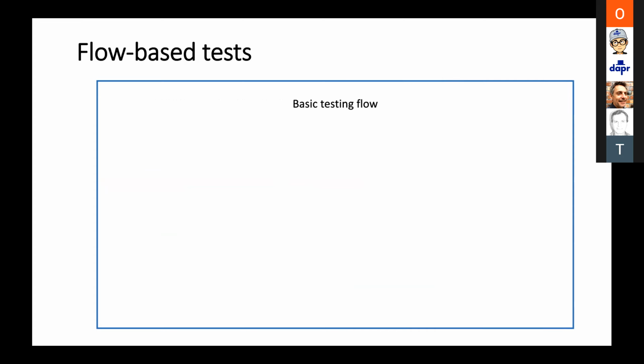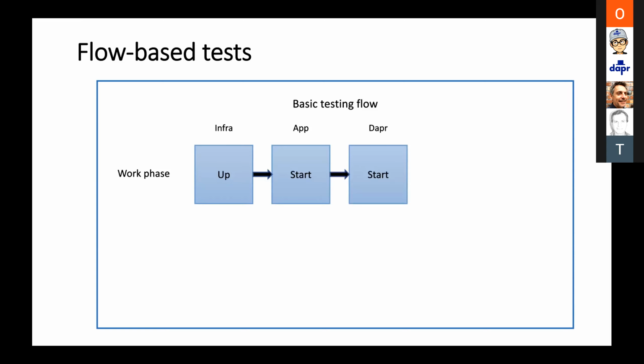So how does this flow look? Just in terms of how each piece goes into this integration test infrastructure. First of all, the infrastructure, which in this case is the Kafka service, is up. Then the app starts, and Dapr starts as well.